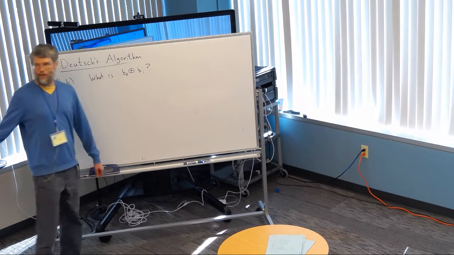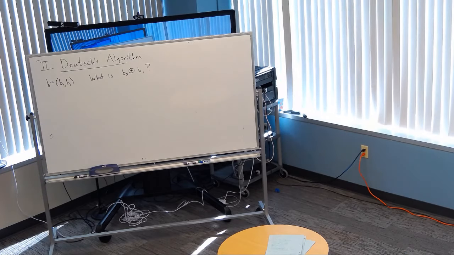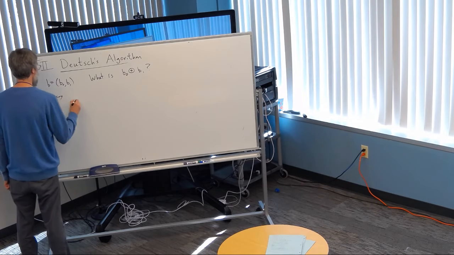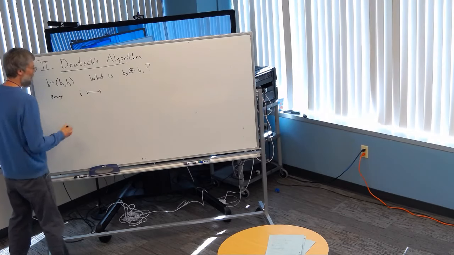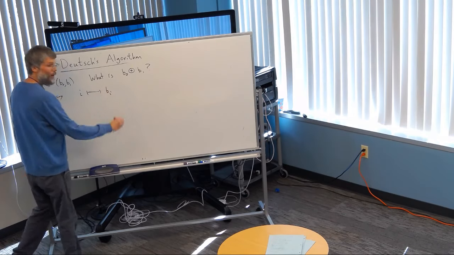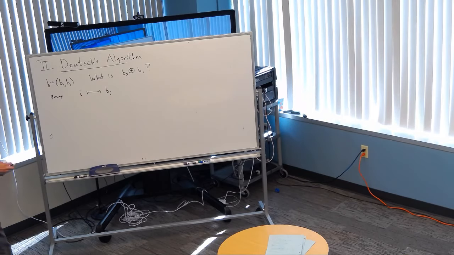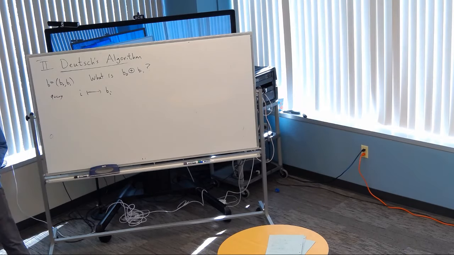And you're allowed to make queries of me, and the queries have the form, what is the ith bit? So a query inputs I and outputs B sub I. The question sounds almost like a silly question.